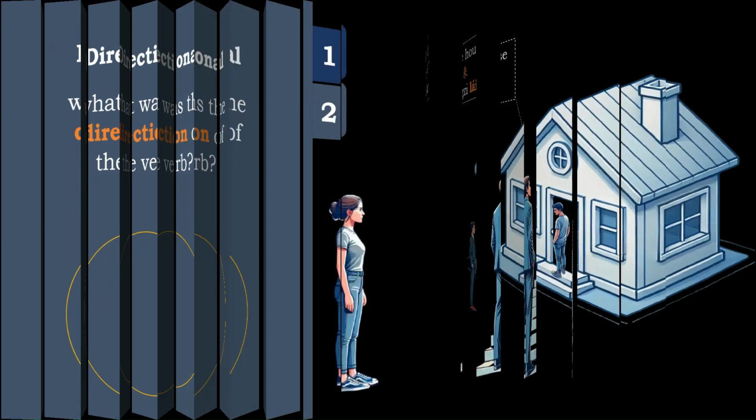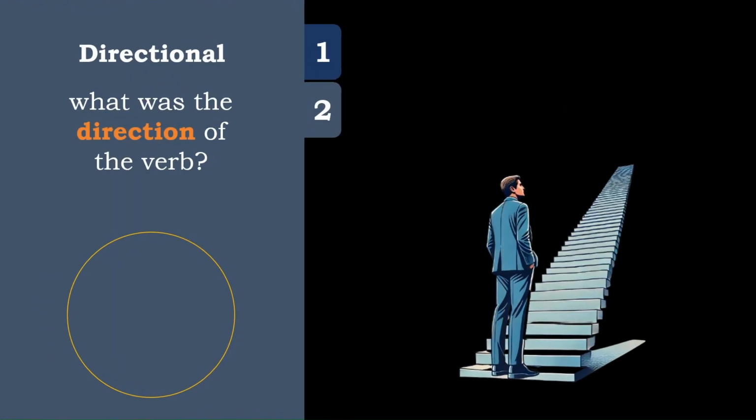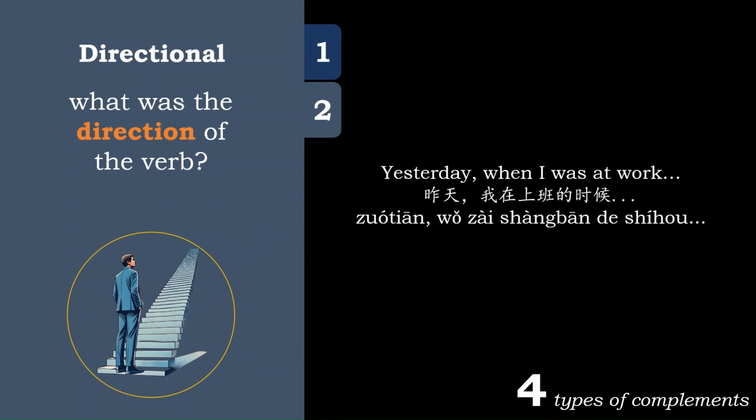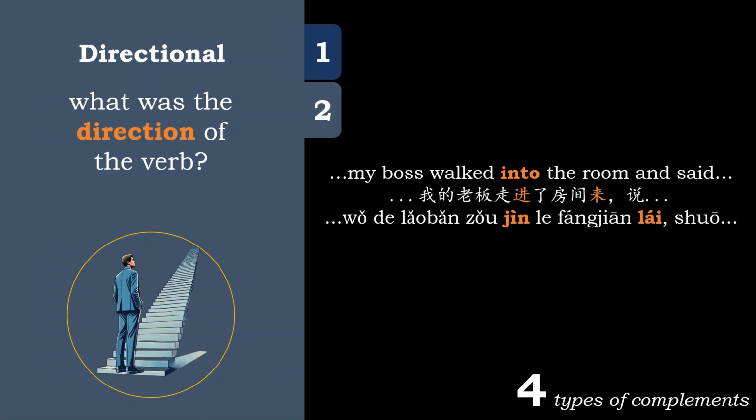Now we might think to ourselves, is all of this really necessary? How often do we use directional complements in everyday speech? Well, it's more common than we might realize, particularly when we're relating a story or even telling someone about something that happened that is really simple. For example, yesterday, when I was at work, 昨天我在上班的时候, my boss walked into the room and said.